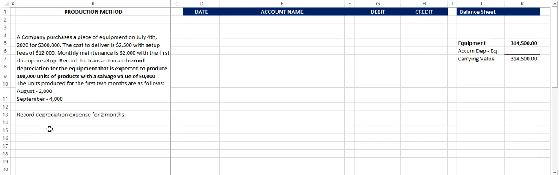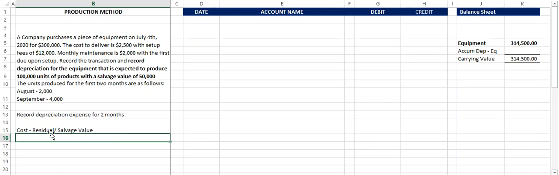Okay, and so what I'd like to get started with is the formula. The depreciation expense formula under the production method is cost minus residual or salvage value, divided by the estimated units of useful life.